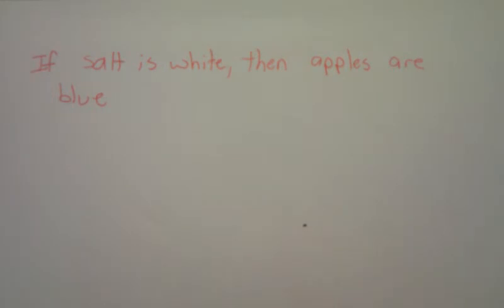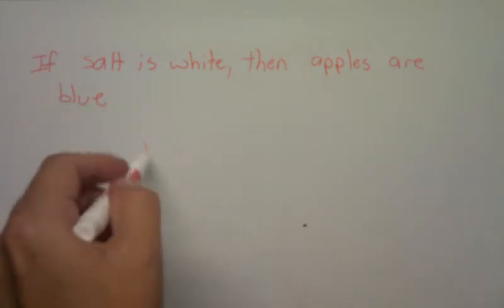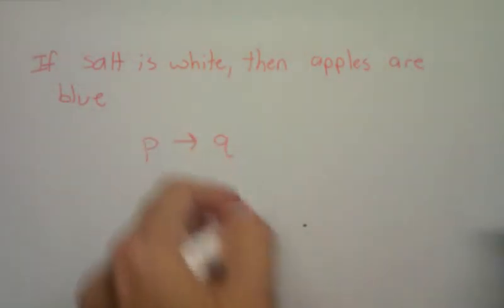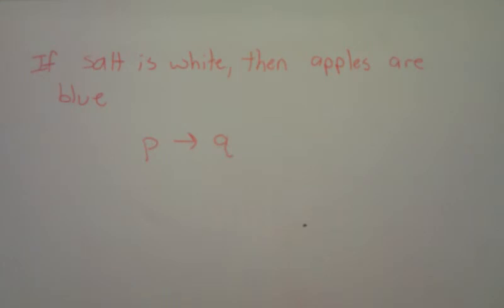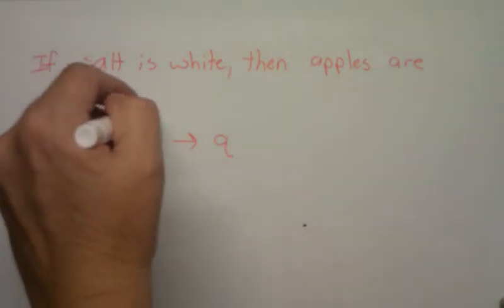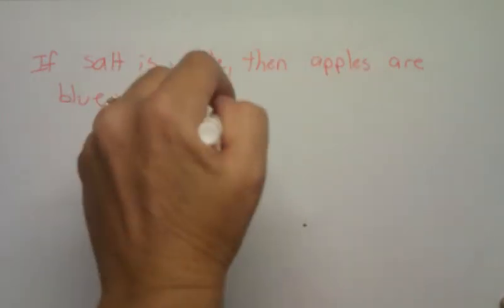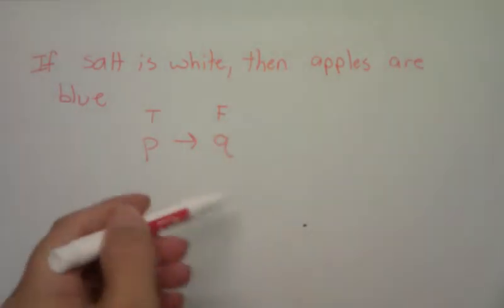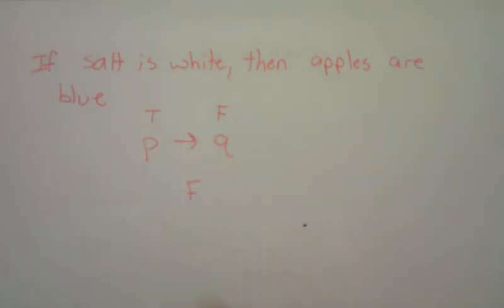What would that be? Okay, well, let's look at it. Is salt white? Yes. Are apples blue? No. So if P but not Q is going to be false. Okay?